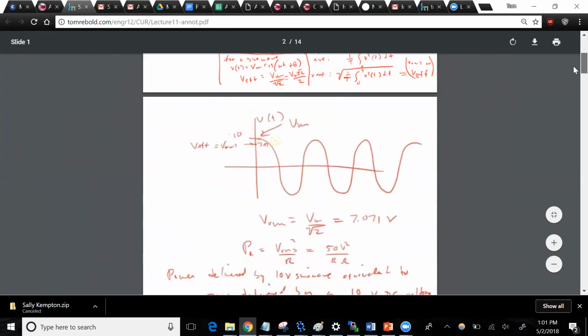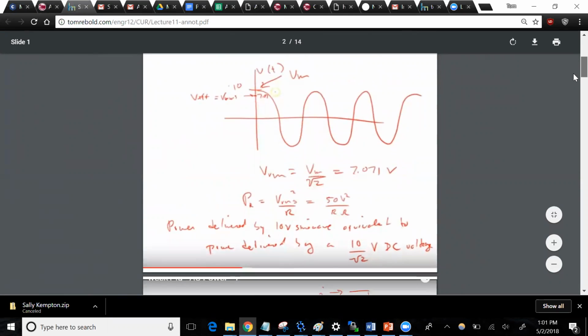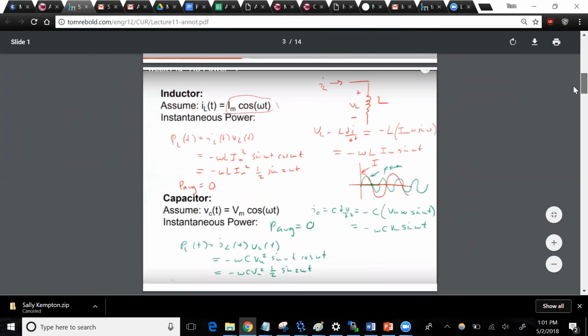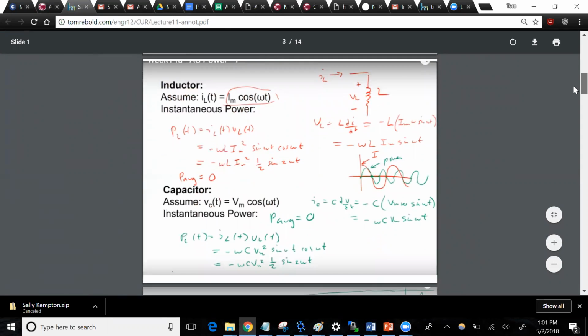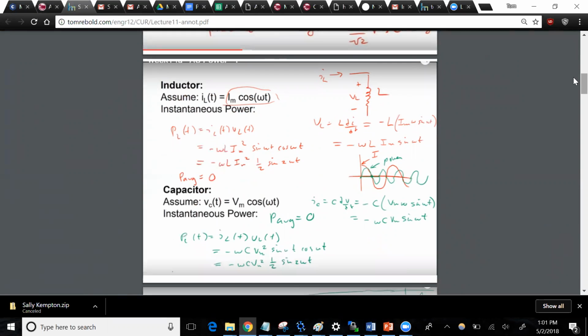This is kind of really dull stuff. And this was my example here, and then it was this slide that I didn't quite finish, but Mason's right. It looks exactly the same as the formula for the inductor. So it's just minus W's, minus omega C Vm squared 1/2 sine 2 omega t.